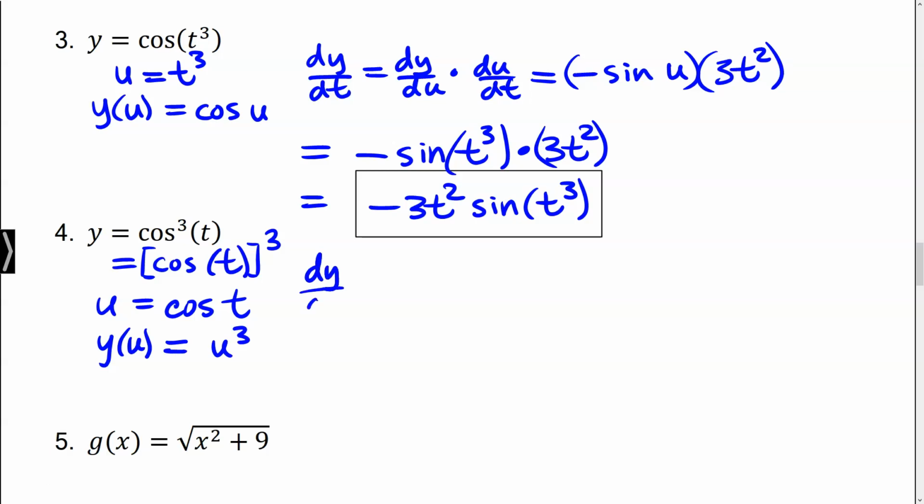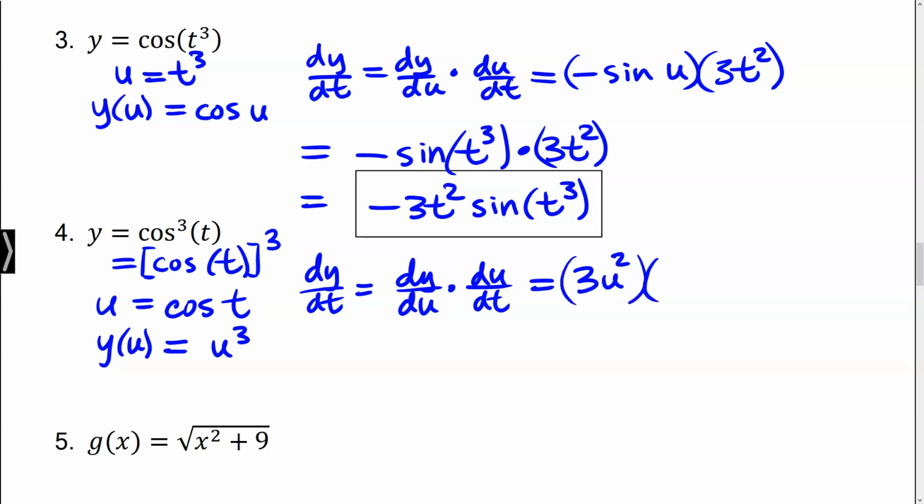So we still have dy/dt is dy/du times du/dt, except the derivative of y with respect to u now is 3u squared. And then we multiply that by the derivative of u with respect to t, which is minus sine t. So notice the difference here.